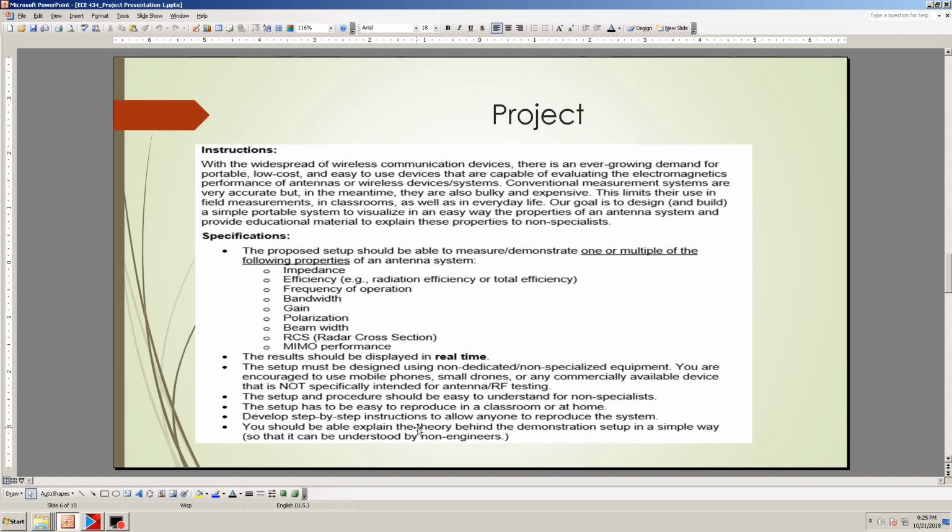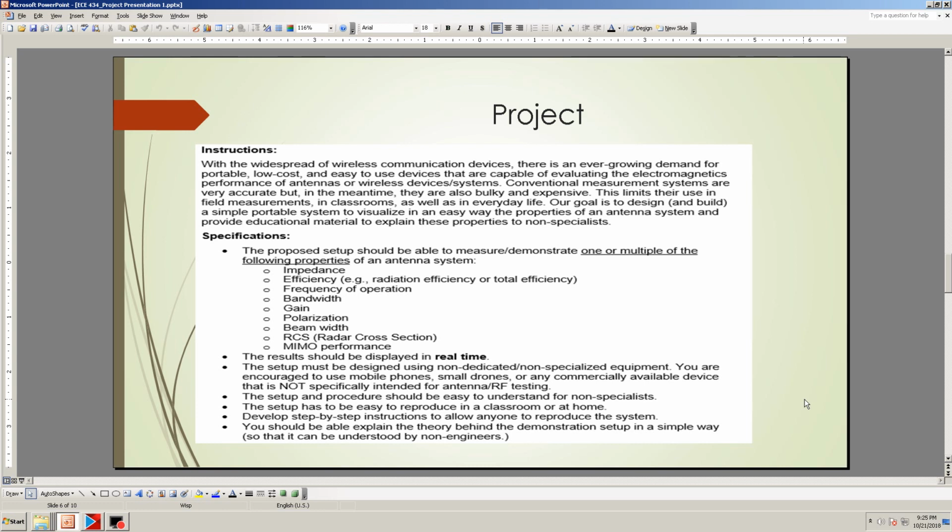I should also develop step-by-step instructions to allow anyone to reproduce the system, and be able to explain the theory behind the demonstration setup in a simple way so that non-engineers are able to understand it as well. So that's the assignment or the topic that I had chosen.